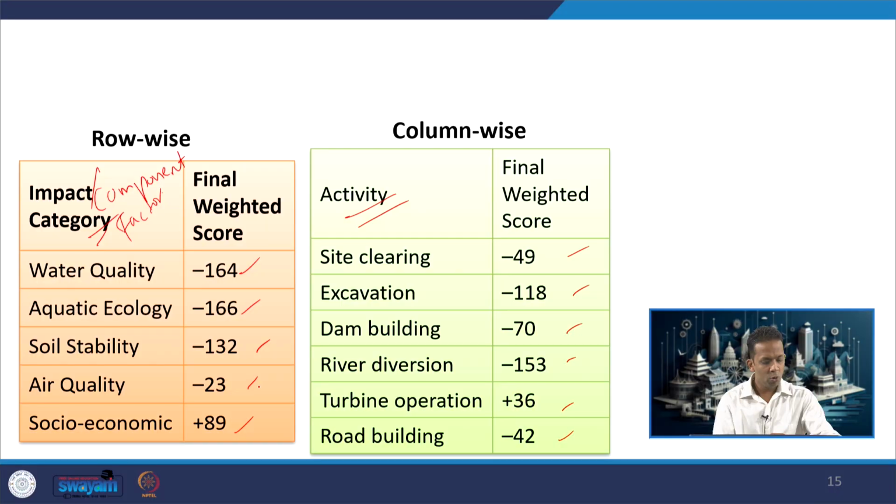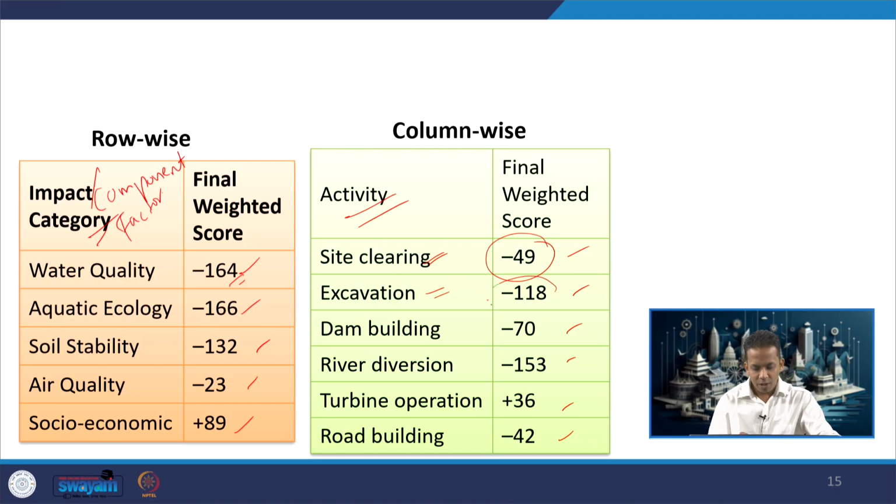So, this shows basically all the activities of the project, or the entire project, have this much effect on water quality, and here it shows one activity, site clearing, has this much effect on all the components of the environment together.